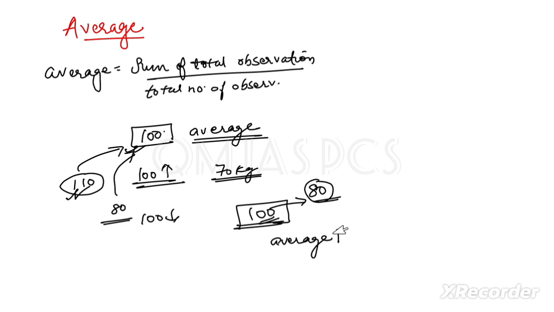Why? Because we are removing an observation whose value is lesser than the average value. So this is the basic concept. And if you remove, say, 110, then in that case the average will decrease.